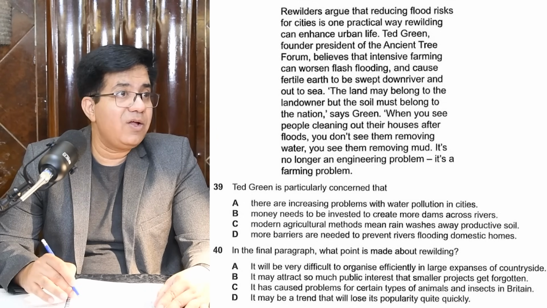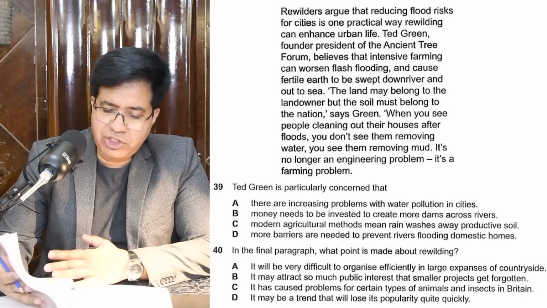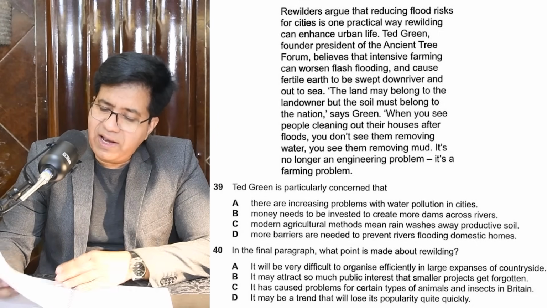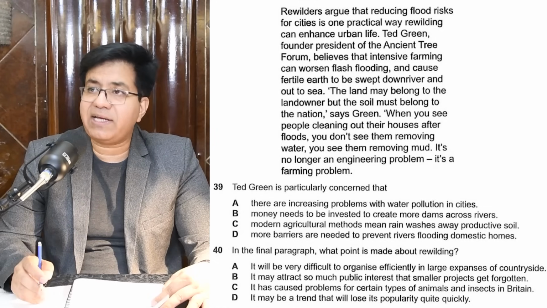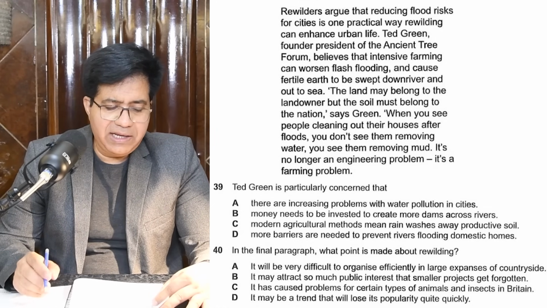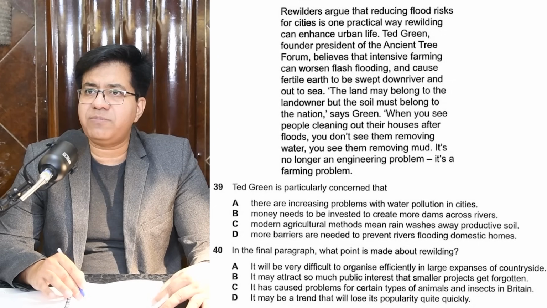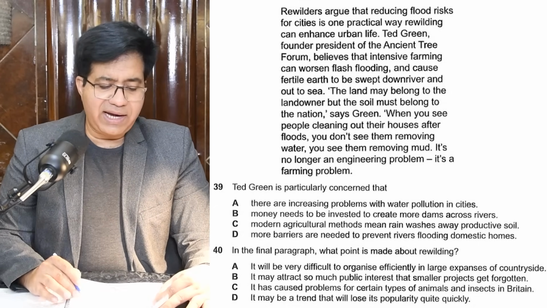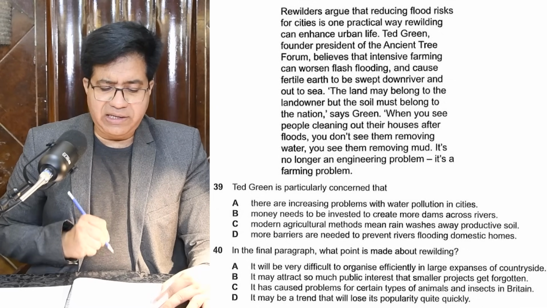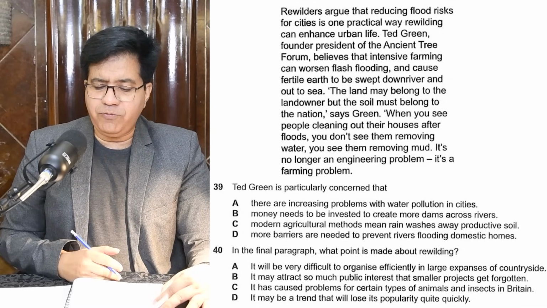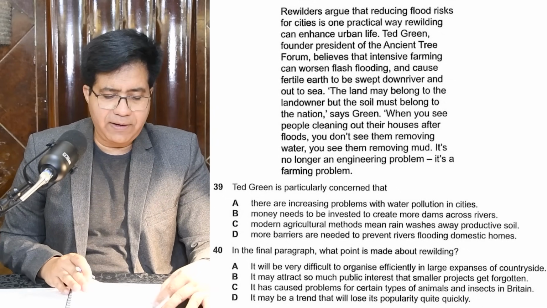Rain means flooding. Washes away means that flash. He used the word flash flooding. Exactly. So the correct answer is C. Option D, more barriers are needed to prevent rivers flooding domestic homes. He did not mention that. So the correct answer is modern agricultural methods mean rain washes away productive soil.